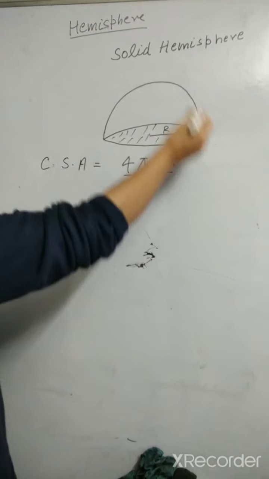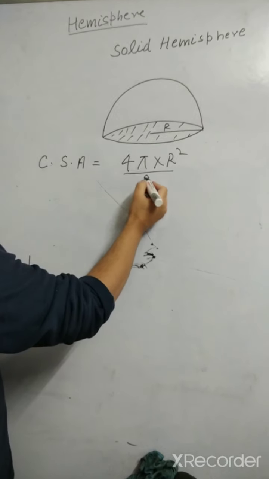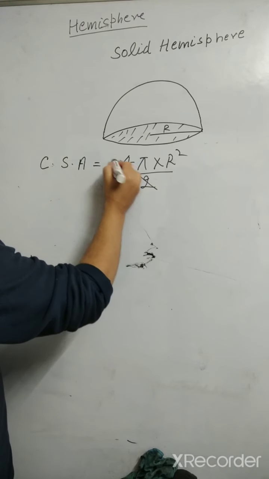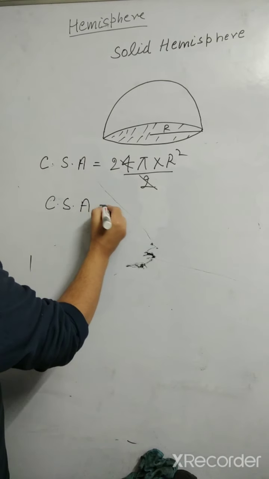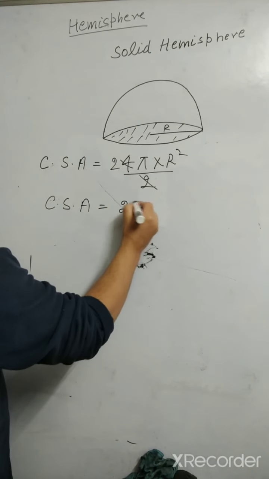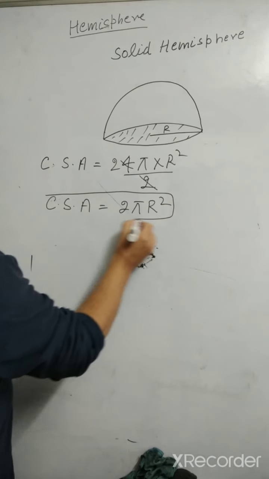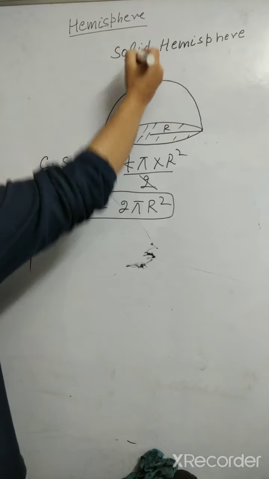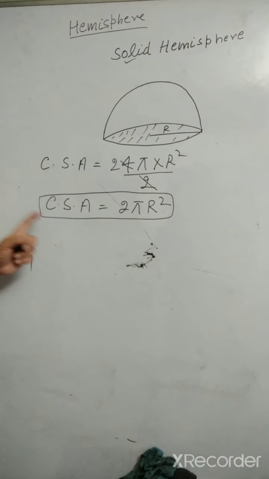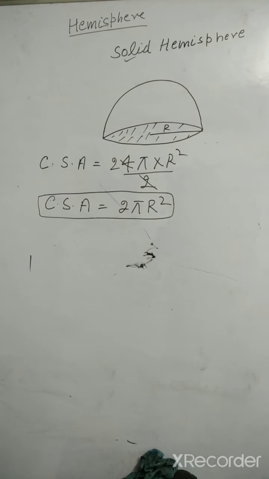So half of it, half the curved surface area of the sphere, right? So with 2 this cancels, so you will get curved surface area of a hemisphere equal to 2 pi r square. So this is the curved surface area of a solid hemisphere. What have we taken right now? Solid hemisphere, right? So its curved surface area is 2 pi r square, got it?